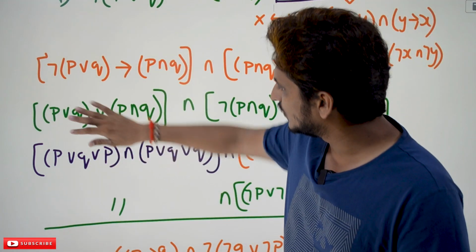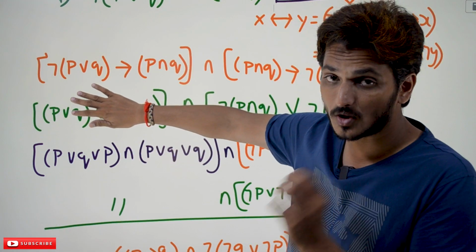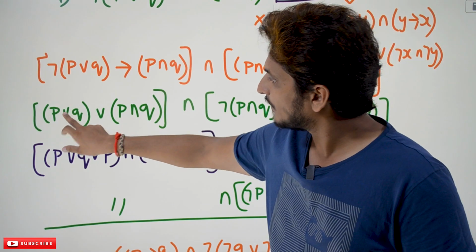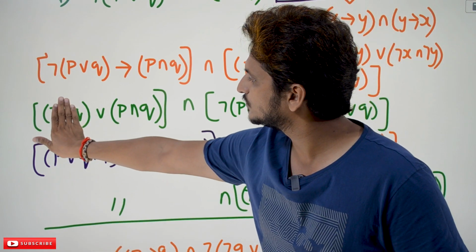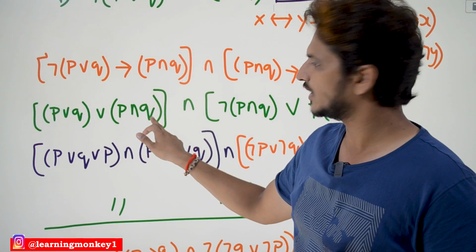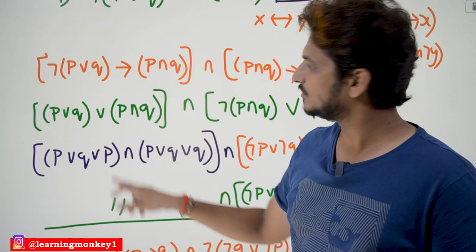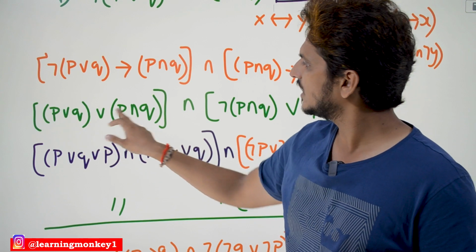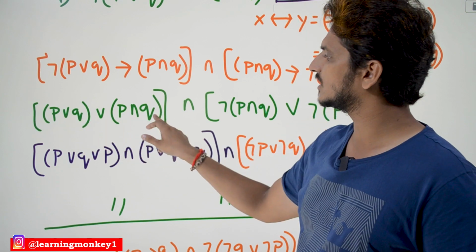Now we need to convert this into the form of product of sums. So apply the distributive law. Take this proposition as x disjunction, p as y, q as z. Applying the distributive law: x disjunction y conjunction x disjunction z.